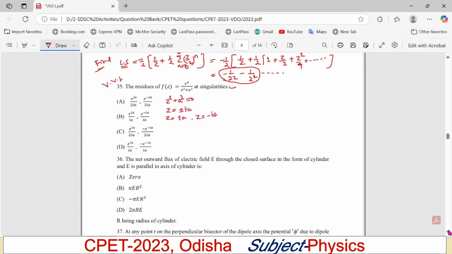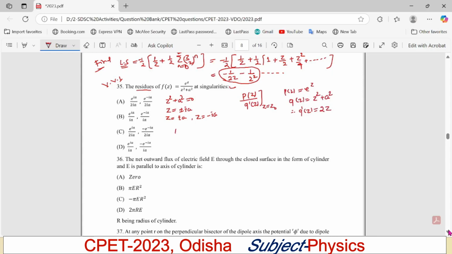So for two simple poles we can use this formula for the residue: p of z by q dash of z at z equal to z0. Here p of z is e to the power z, and q of z is z square plus a square. Therefore q dash z will be equal to 2z.